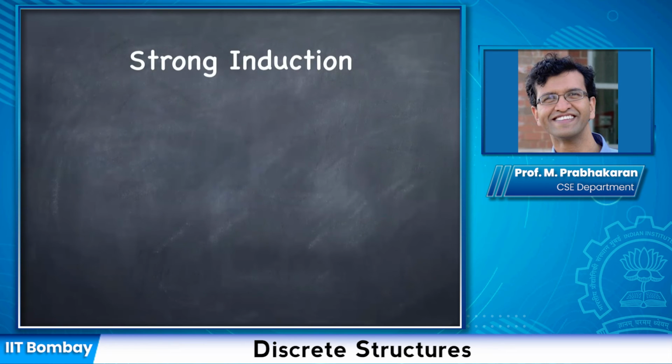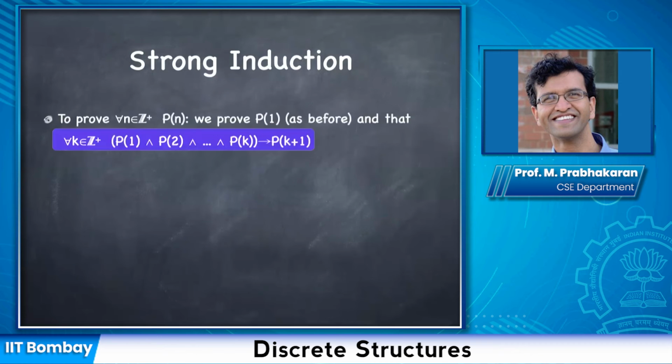Okay, let me conclude with this extension of the induction principle or induction argument we saw. This is called strong induction. So in strong induction, we make our life a little easier. We prove P1 as before, but for all k greater than or equal to 1, instead of proving Pk implies Pk plus 1, you prove that P1 and P2 up to Pk together implies Pk plus 1.